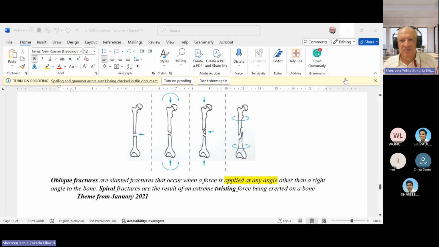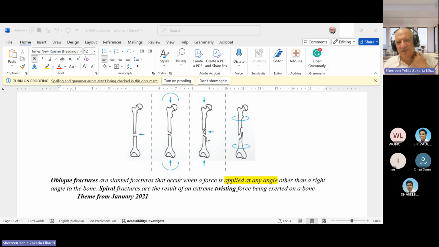Okay, so you can find here oblique trauma occurs when a force is applied at any angle other than the right angle. So right angle, transverse. Oblique trauma, or one angle, can be oblique fracture. A spiral fracture, if you have twisting, can cause a spiral fracture.